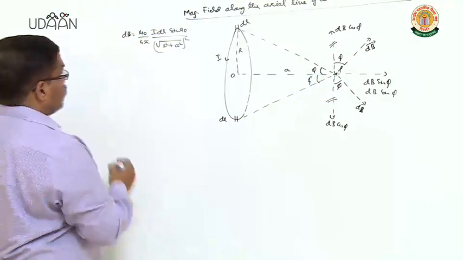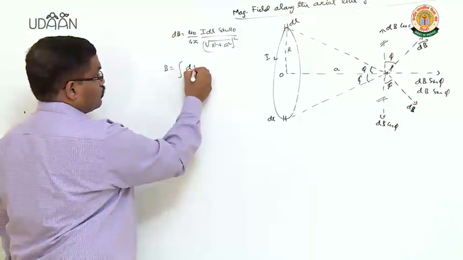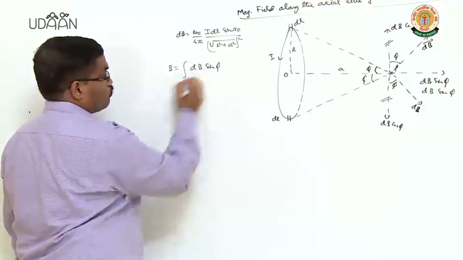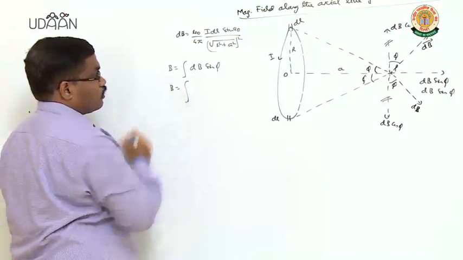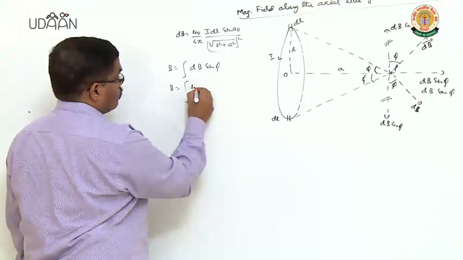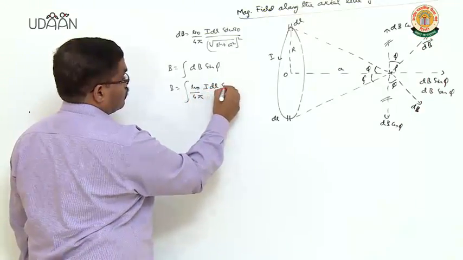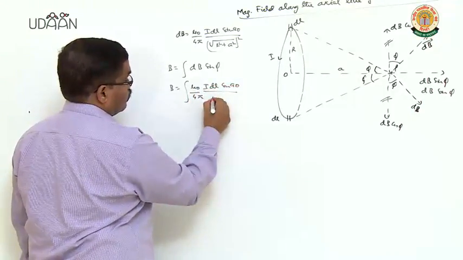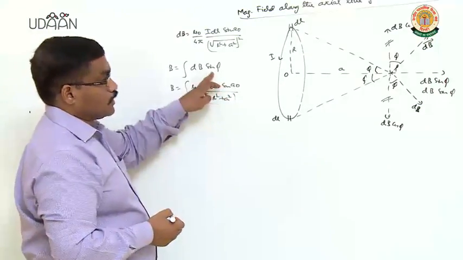My net magnetic field B will be the integral of dB sin phi, or B will be equal to the integral of, substituting the value of dB, mu naught upon 4 pi I dl sin 90 divided by r square plus a square, into sin phi.